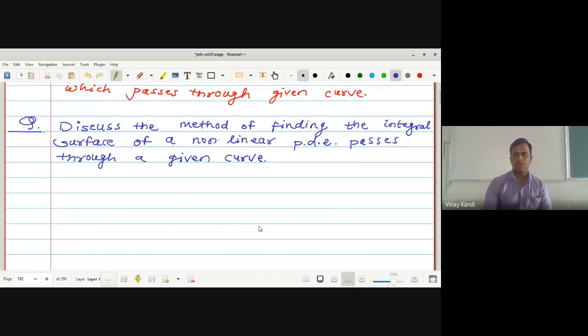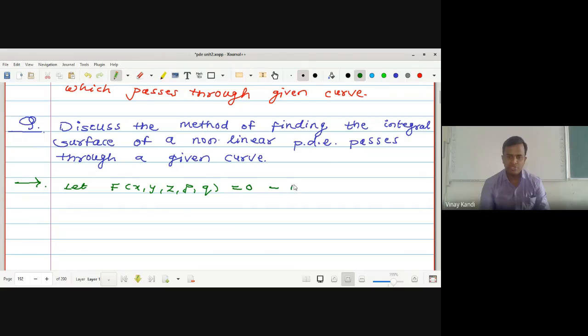Okay, look at what is the method of solving the equation. Let F(x, y, z, p, q) = 0, given as equation number 1, be the given partial differential equation.